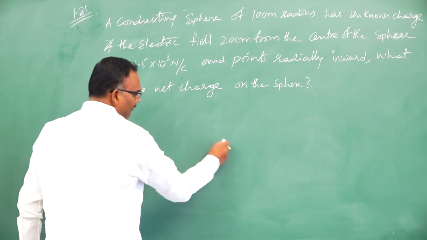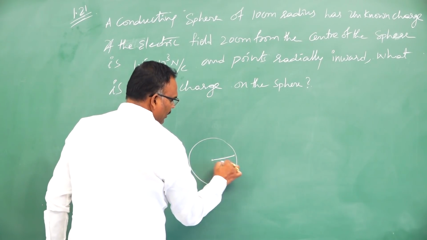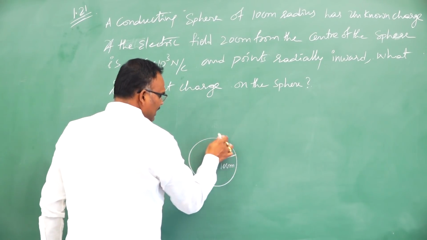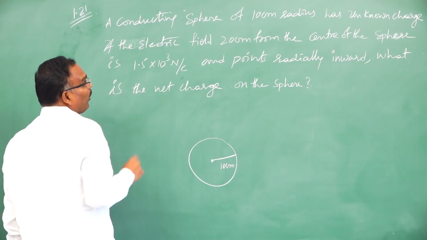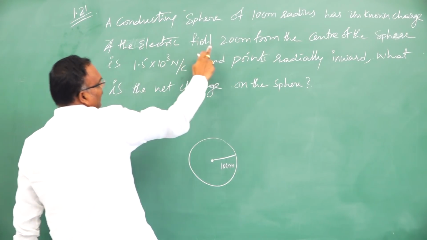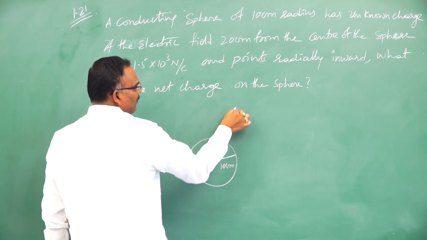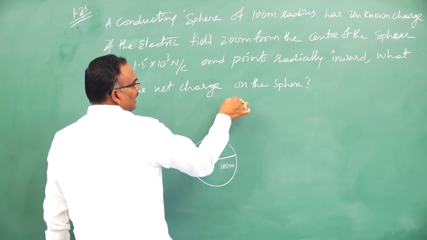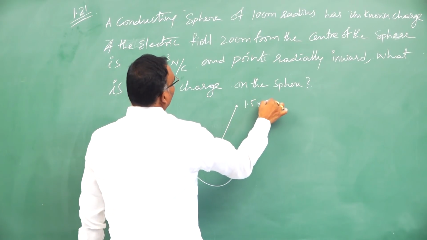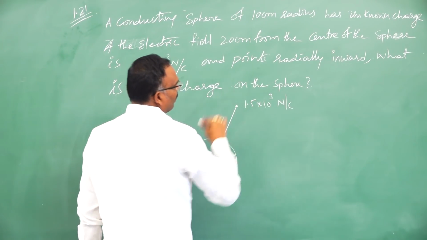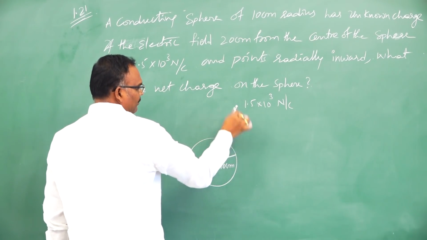That means here we have one sphere of radius 10 centimeter, but we don't know the net charge present on this sphere. But what I know, if you go 20 centimeter from the center of the sphere, here the electric field is 1.5 into 10 to the power of 3 Newton per coulomb. But this electric field is pointing radially inward.